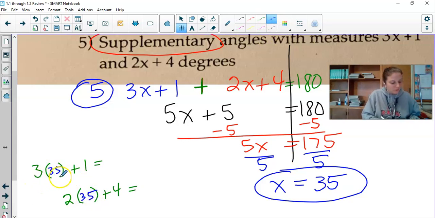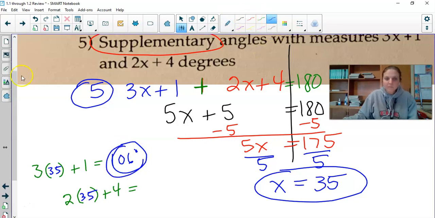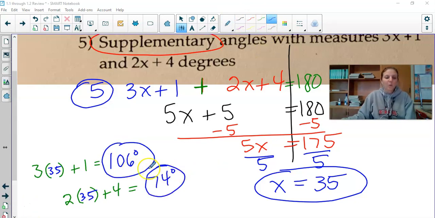Okay, so this, go ahead and again use a calculator if needed. So this one would be 106. The second one is 74, and if you add them together, you will get 180, so it checks out.